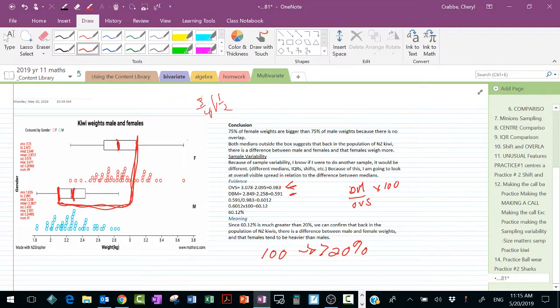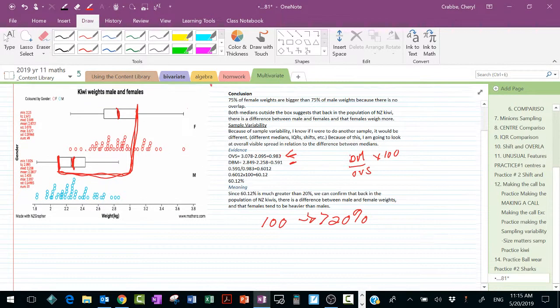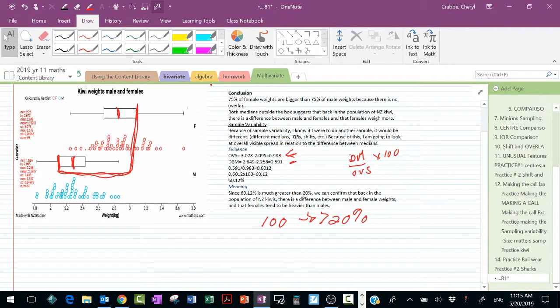And so that we can confirm back in the population of New Zealand Kiwis, there's a difference between male and female weights, and that females tend to be heavier than males. So you want to make sure that you state that the females will be way more than the males. And so that's kind of how you deal with the conclusion.